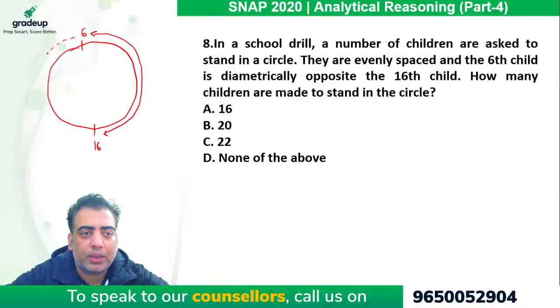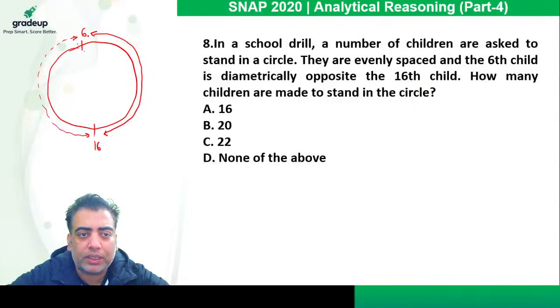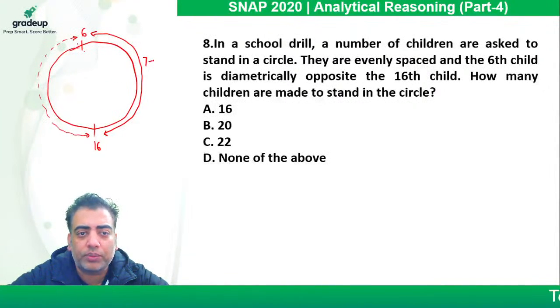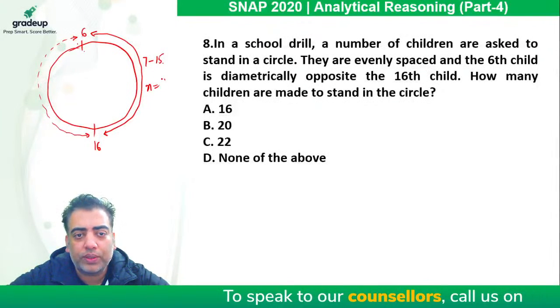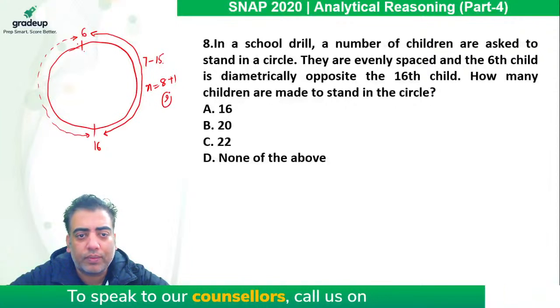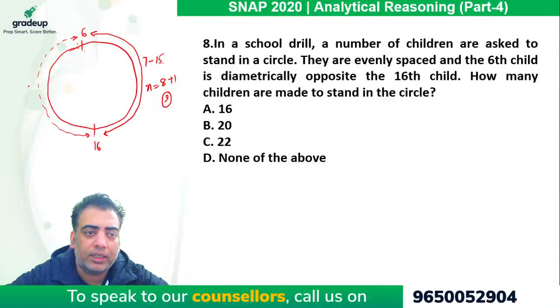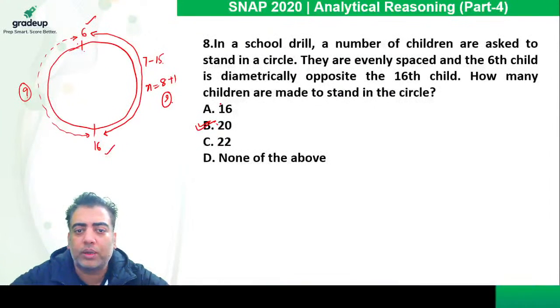The very same number of persons will be on the other side, right? So in this case, the persons between 6 and 16 are from 7 to 15, and that comes out to be the difference of the two, which is 8 plus 1, 9. So if 9 are standing here, 9 are standing there, 9 plus 9, 18, plus 2 adds up to 20. So the correct answer option comes out to be B.